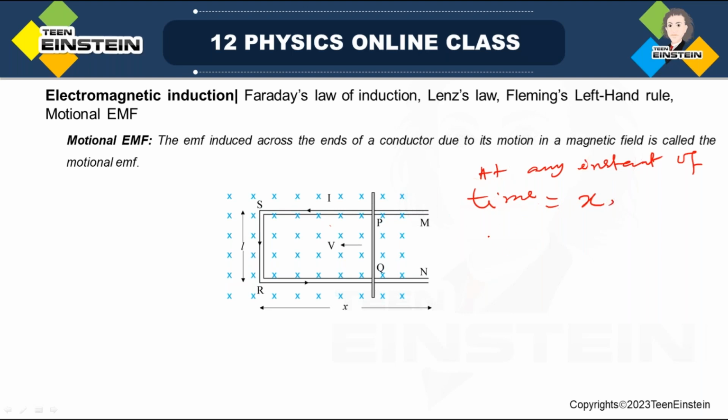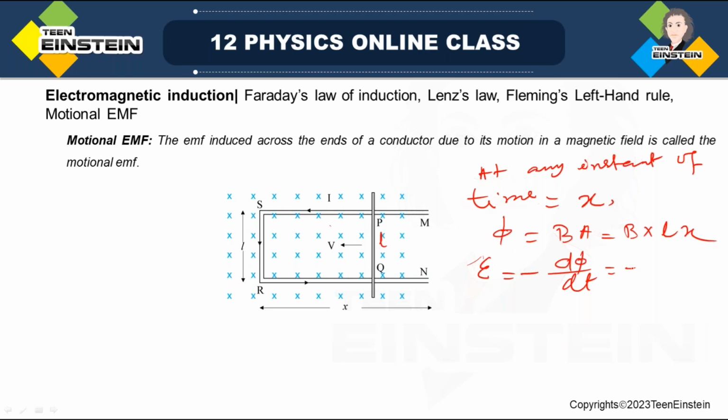What will be the flux linked in that? Flux linked will be phi is equal to B into A. A is length into breadth. Breadth is L and length is x, so Lx. Now, according to Faraday's law, we can get the EMF induced in that.